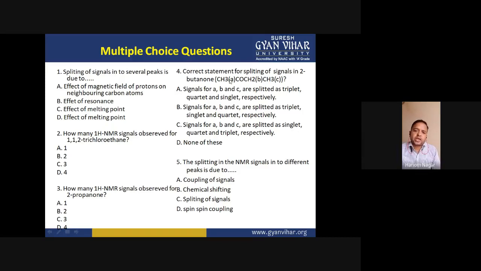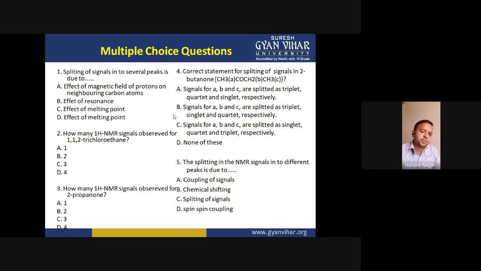I mean, for which type of proton what splitting will be there? For example, in butanone, CH3COCH2CH3, there are three types of protons. One is CH3, second is CH2, and third is CH3. So how many signals will be observed for this compound? Three signals. This is very basic.